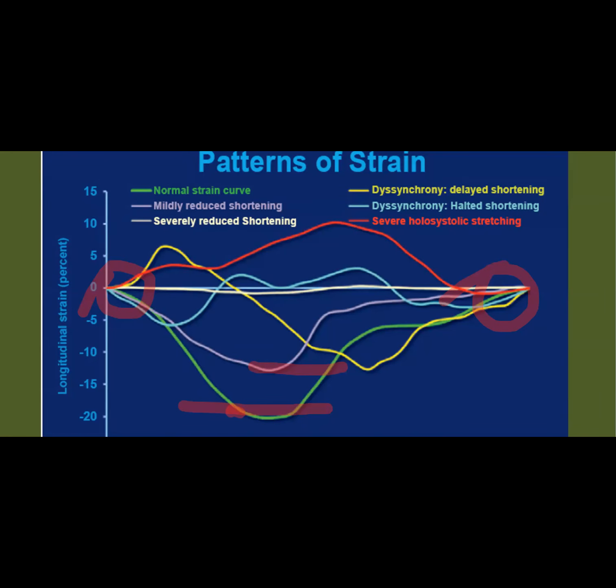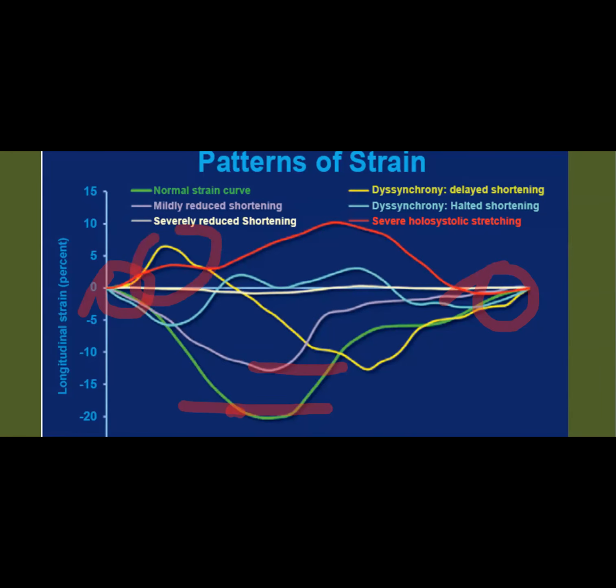When you see the navy blue, it contracts just for a very brief period and then becomes desynchronous. So this is an initial contraction followed by desynchrony or lengthening. The other one, like the yellow, has initial desynchrony followed by contraction.